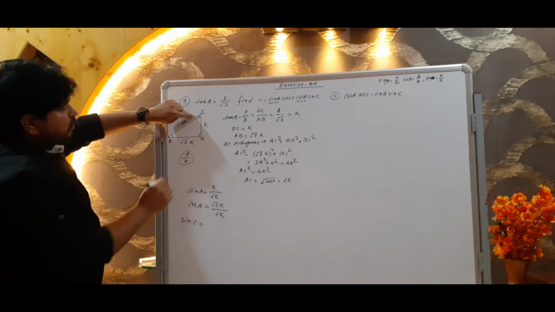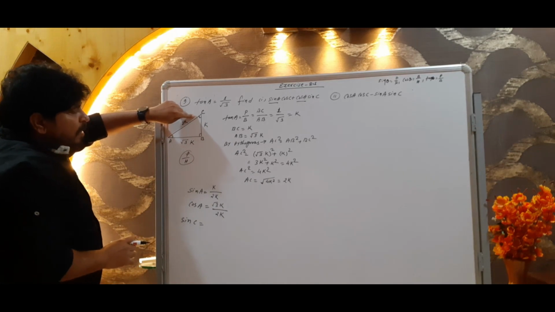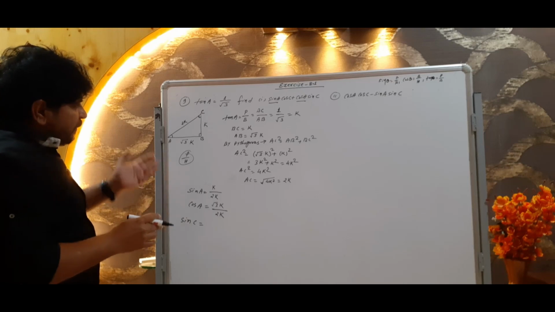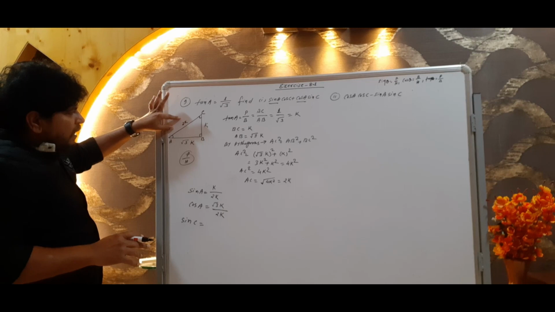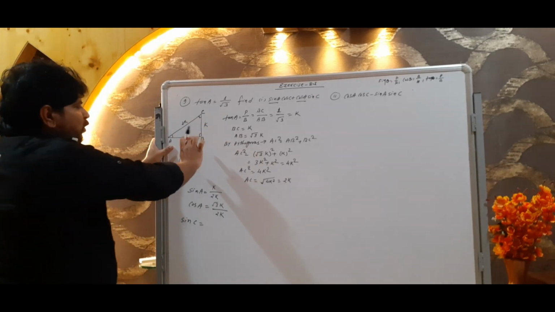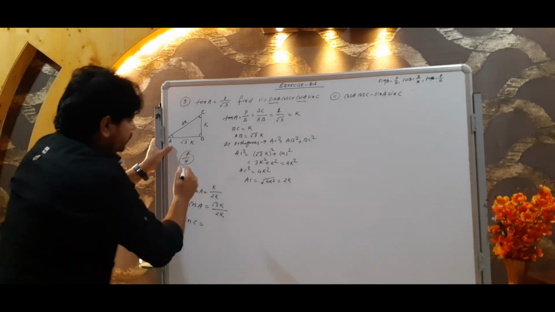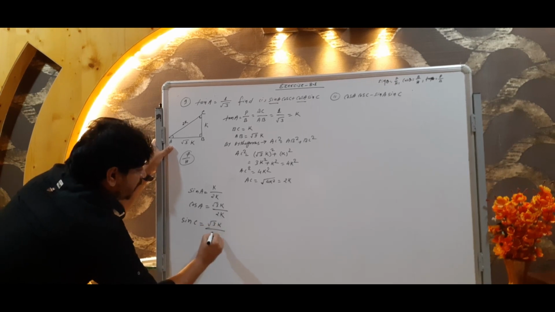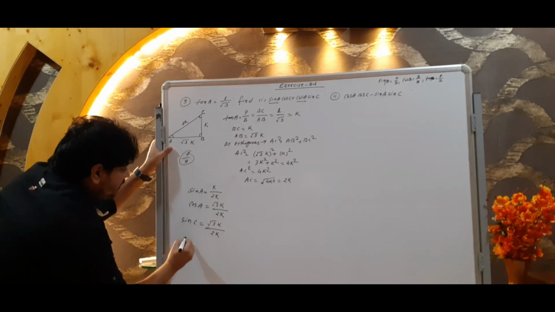Now due to this reference, what is our perpendicular and what is our hypotenuse? Hypotenuse is this only, right? And as per the reference of this angle, our perpendicular would be under root 3 k upon 2k.